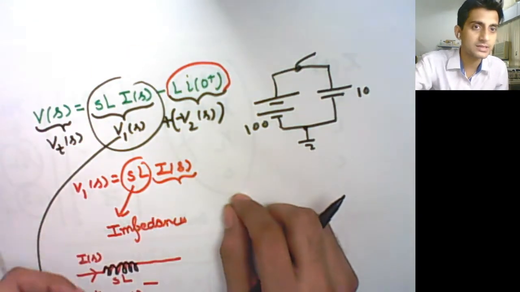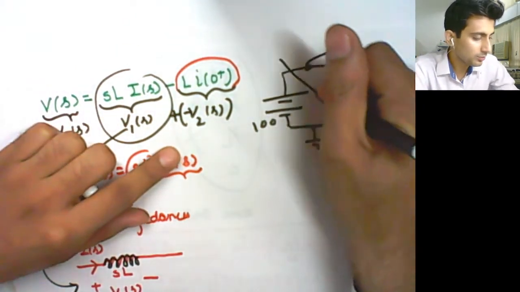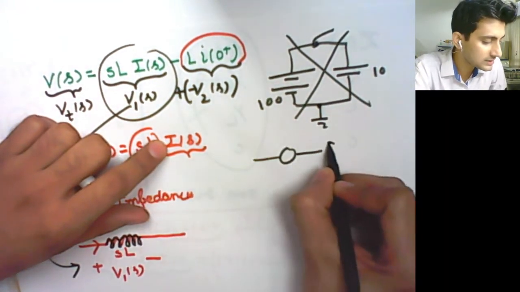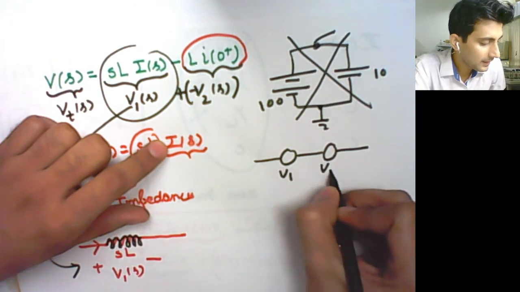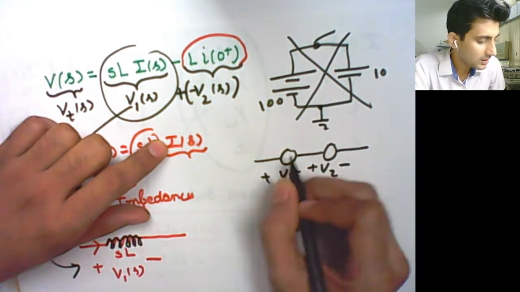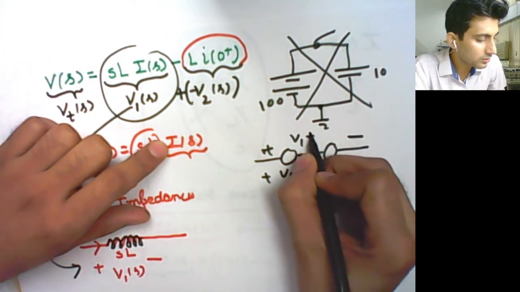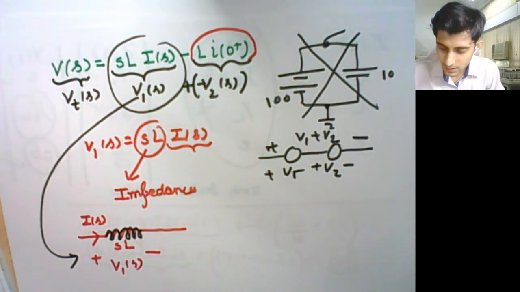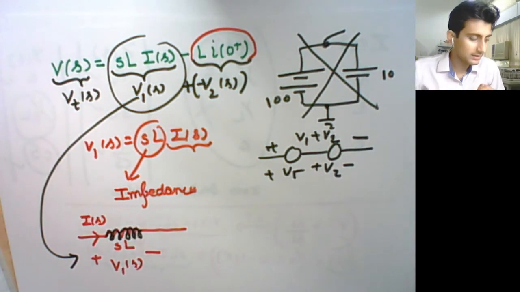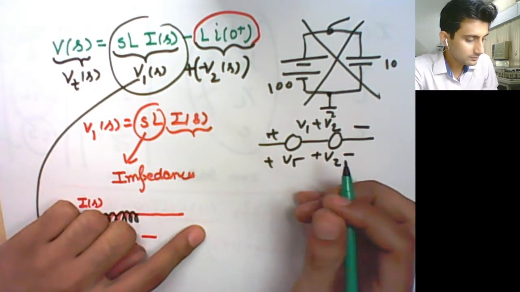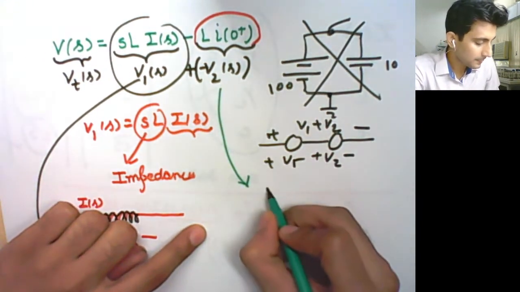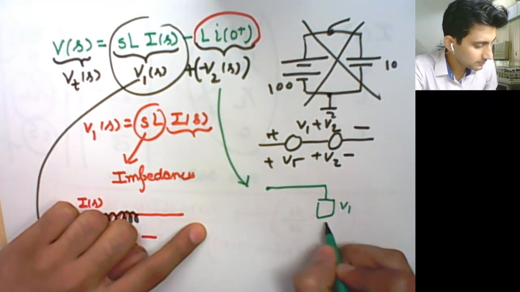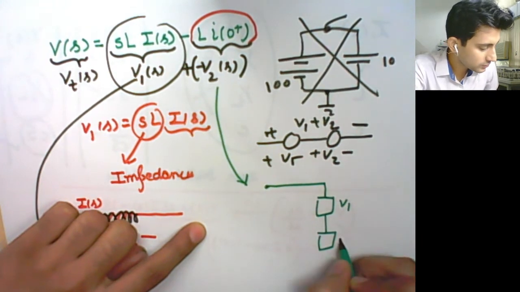There would be a blast, infinite current will start to flow. So putting voltage sources in parallel is a crime. You always put voltage sources in series. So V1, V2, plus minus, and if you look at the total voltage, it would be equal to V1 plus V2, like this. Fine. So we can simply write that this can be written as a voltage source V1 plus another voltage source minus V2.